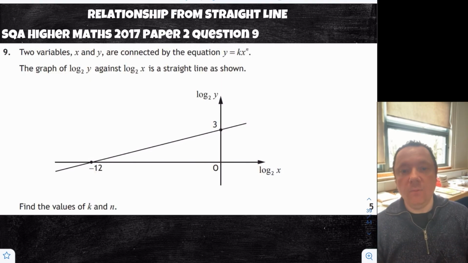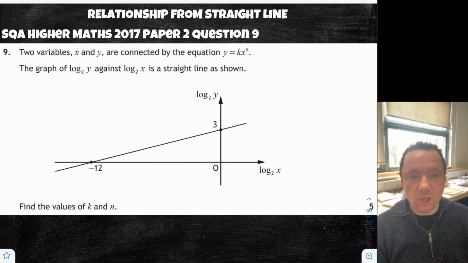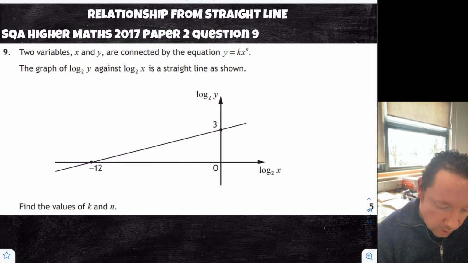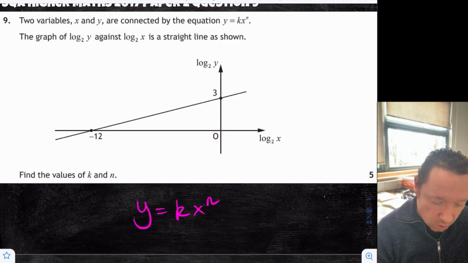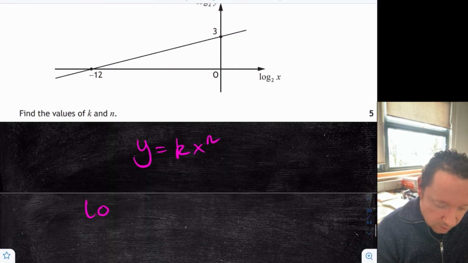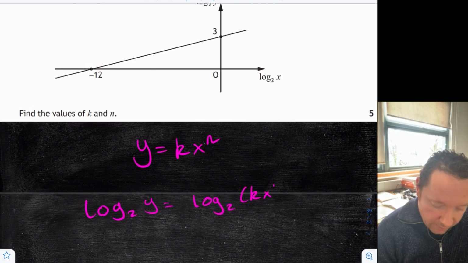So you can memorize how to do this, but I usually just start from the beginning, which is to say that y equals kx to the n. If I've got y equals kx to the n, I can log both sides. And the base is 2, so I can say that log base 2 of y equals log base 2 of kx to the n.